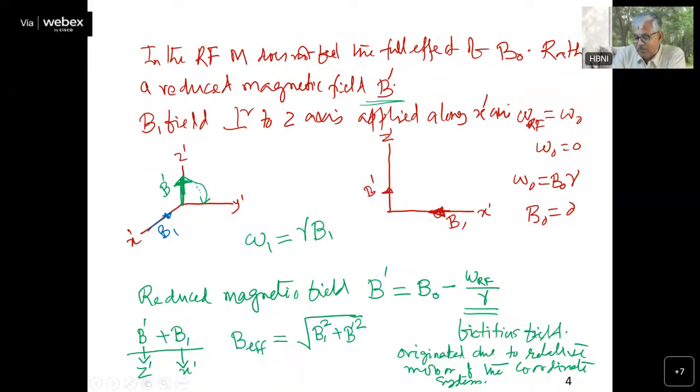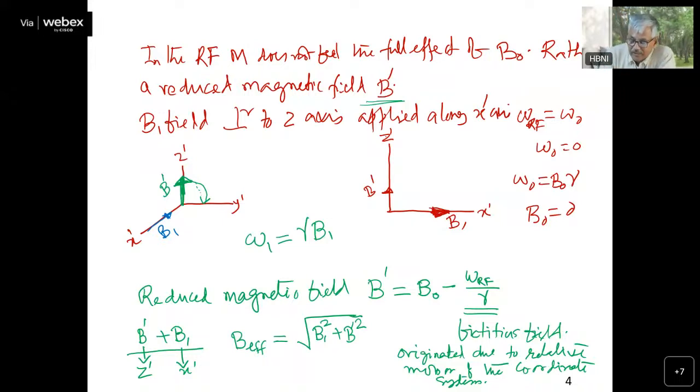B prime can be 0 also under certain conditions. Because these two are vector quantities, no, sorry, I'm drawing this, just a minute. Now this will be the direction of the field, because I was wrong. In earlier drawings also, it should be in this direction.